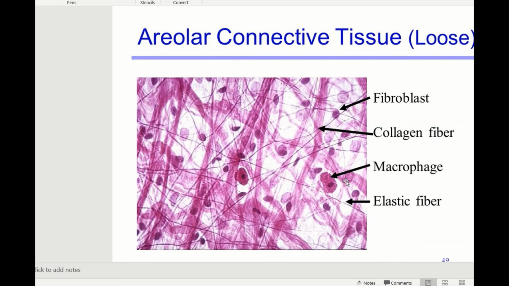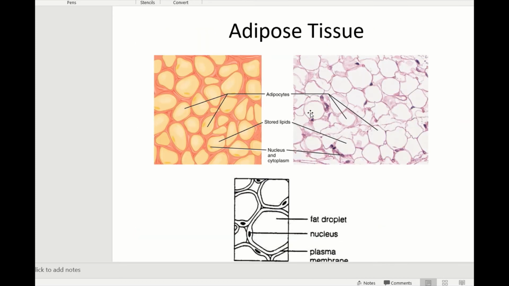Macrophages are phagocytic in function. They eat away the foreign bodies. And this is the elastic fiber, and you have the fibroblast, which will give rise to the fibers. And this is your adipose tissue. You can see adipose tissue has very large spaces to store the fat. The cells of the adipose tissue are called adipocytes.